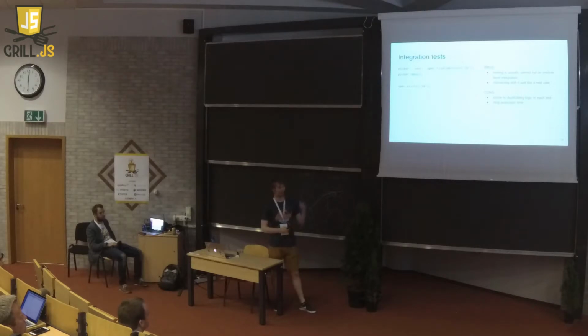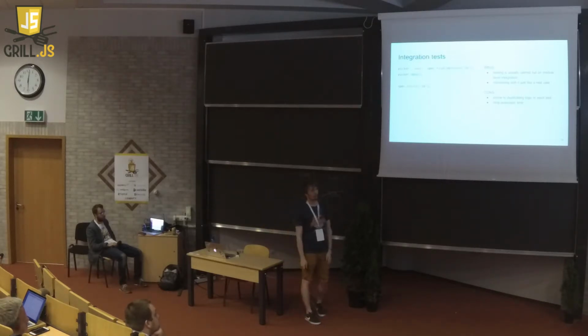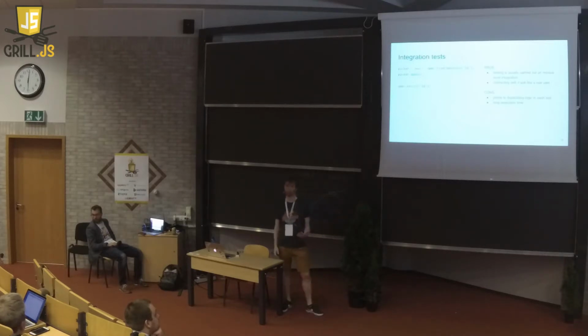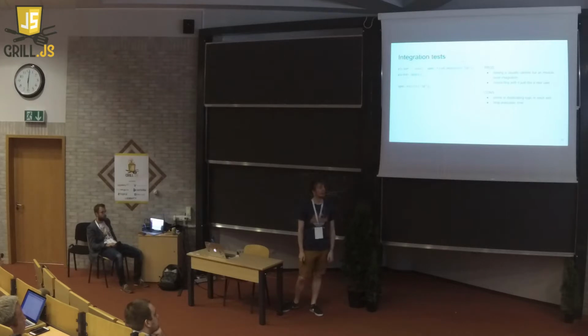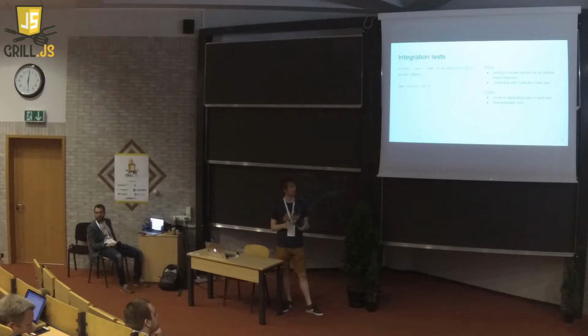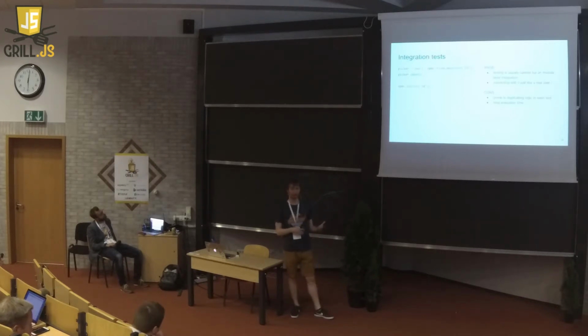So the next level in the pyramid was integration tests, and they are very similar to end-to-end tests. The difference is that they are checking on a lower level of abstraction. We now are connected to the application. We have information about the units, and we are still interacting with the application on the level of the user, but we have some additional insights.